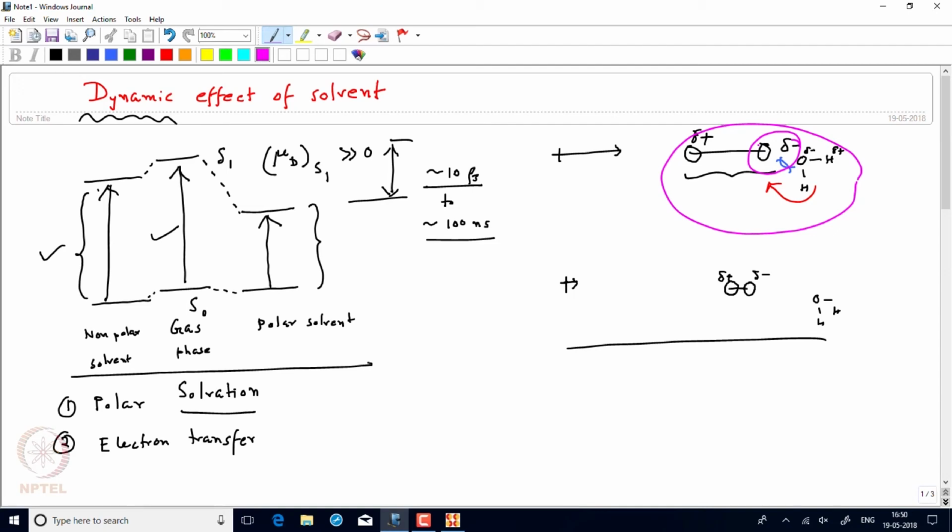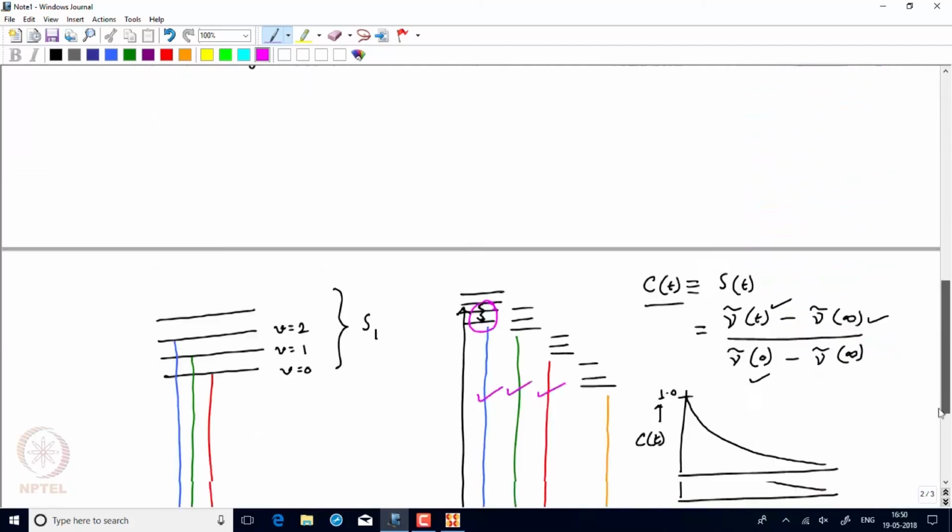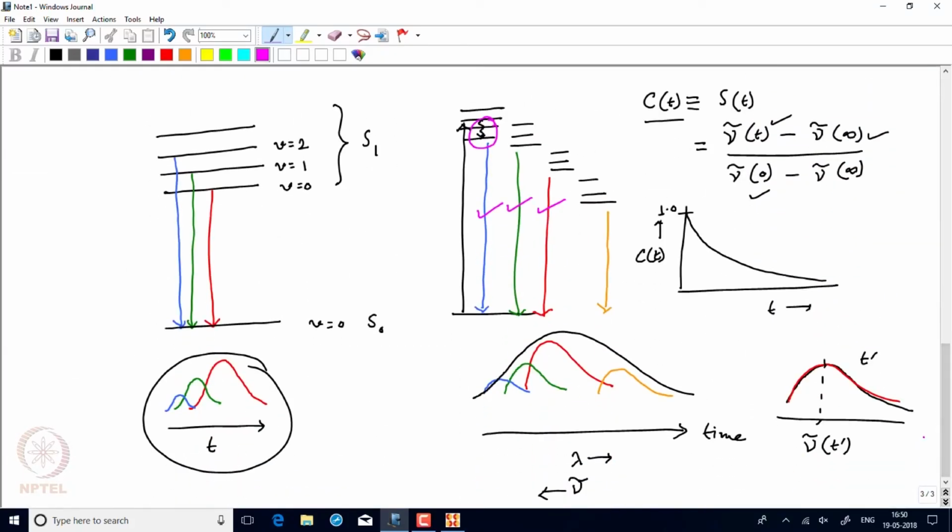But then there will be overall slow motion where a water molecule actually moves and then reorients its hydrogen end to the negative end and vice versa. So those motions will be a translational diffusion type, and those will be diffusion controlled. And since diffusion has a longer time scale, those time scales will be reflected in the solvation correlation function as a longer time scale.